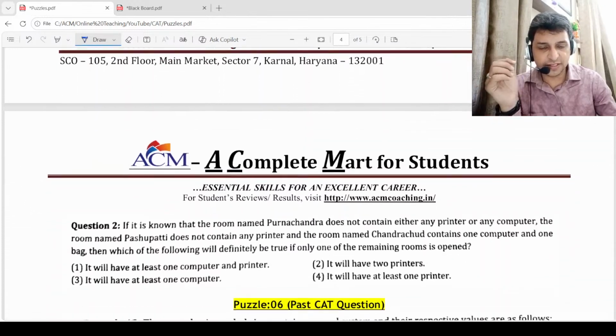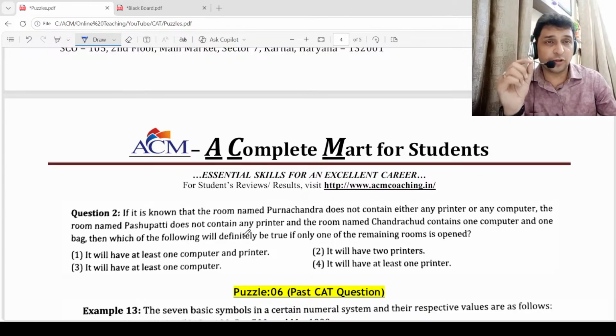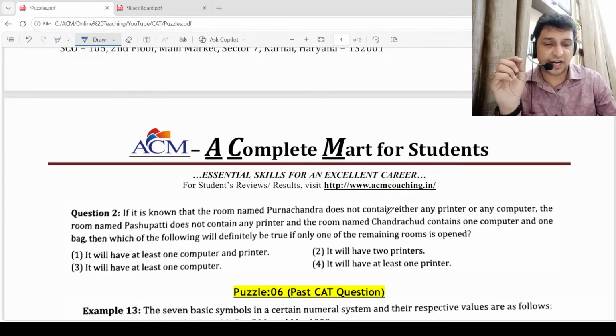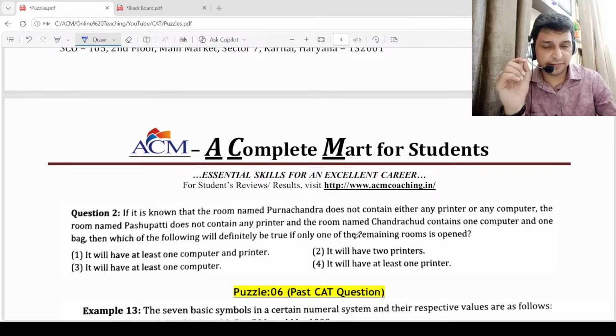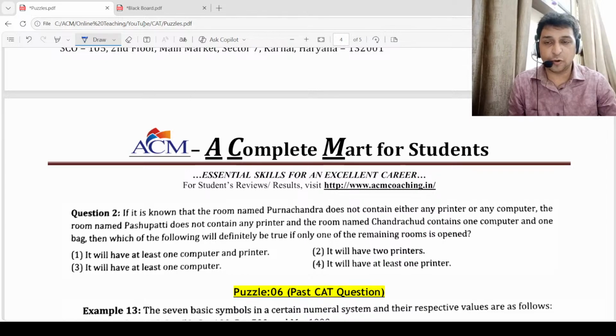There is another question to this. If it is known that the room named Purna Chandra does not contain either any printer or any computer. So Purna Chandra does not contain printer or computer.